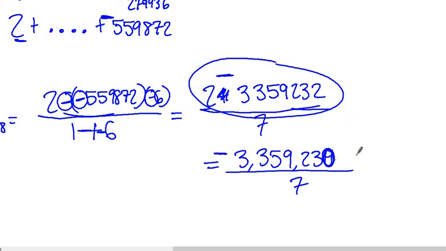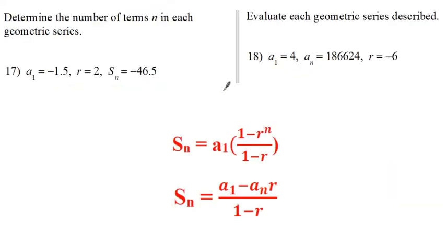This becomes negative 3,359,230. Okay, so this should now give us a correct result. So let's just double check that, and when you do that, you do get an integer number, which is negative 479,890 for our answer.